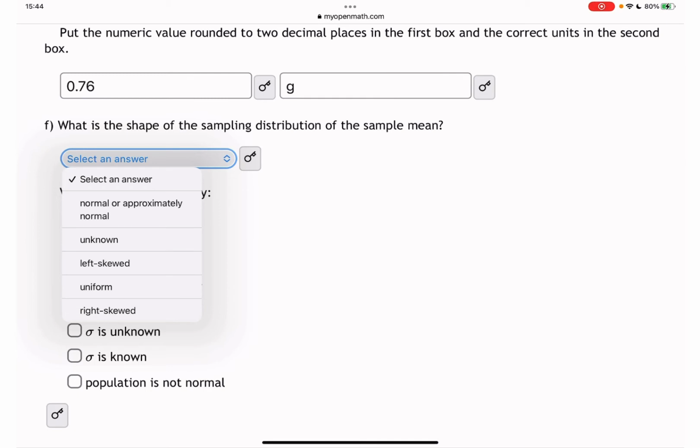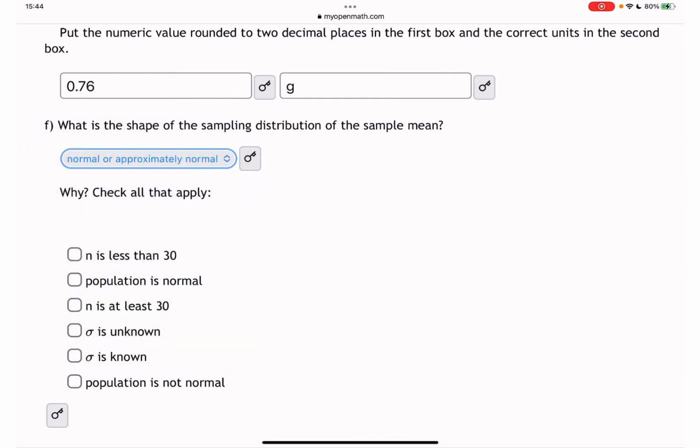I would say normal or approximately normal, because our sample size is at least 30 and sigma is known.